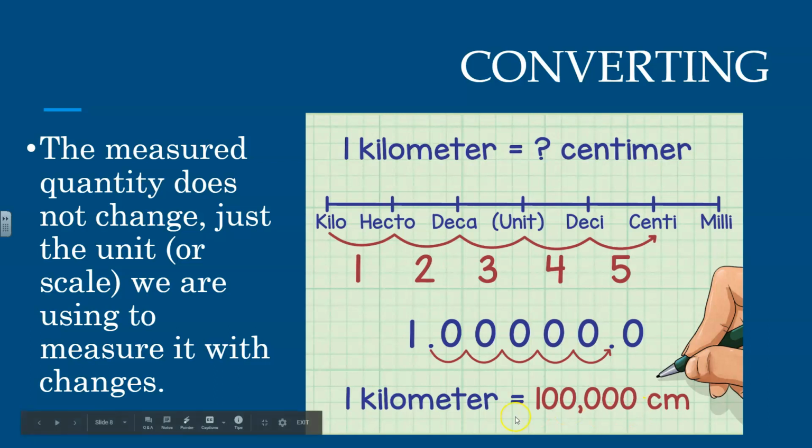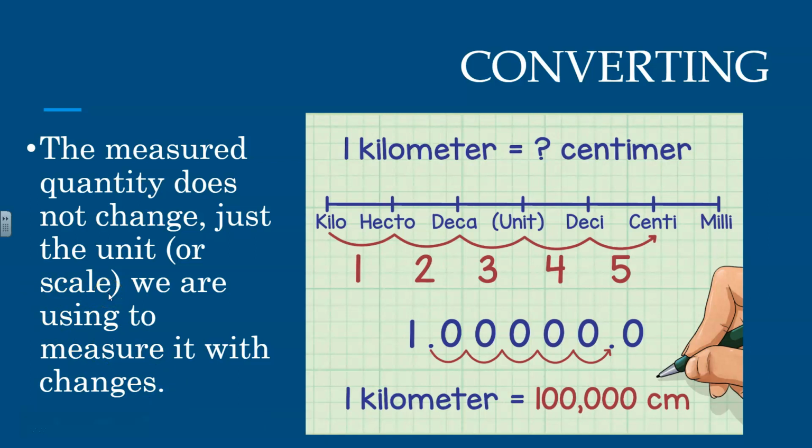So for example, here it's 1 kilometer, depending on how you want to say it. It's always 1 kilometer. Now, 1 kilometer is equal to 100,000 centimeters, but the measurement's still the same. So if I had 2 kilometers, this would be 200,000 centimeters. Okay. Only thing we're doing is we're changing the scale, okay, the scale at which we're measuring.